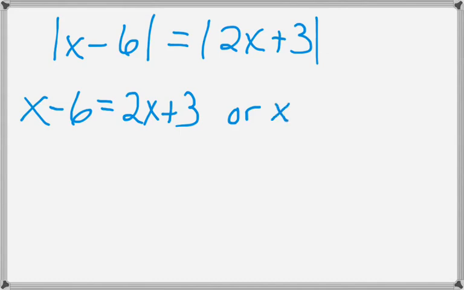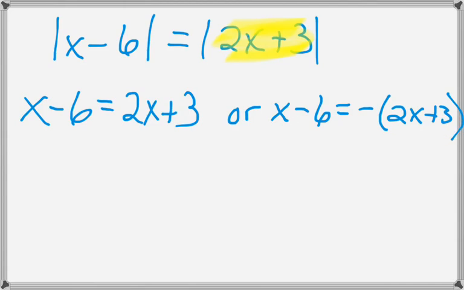On the previous slide we wrote A equals B or A equals negative B. To indicate that here, since the stuff inside the second absolute value has two terms, we need to make sure to put that 2x plus 3 in parentheses because we're taking the opposite of that entire thing. And then we can finish solving this.